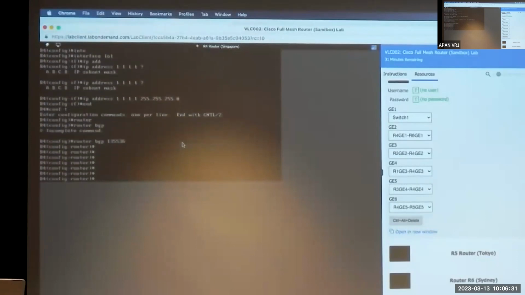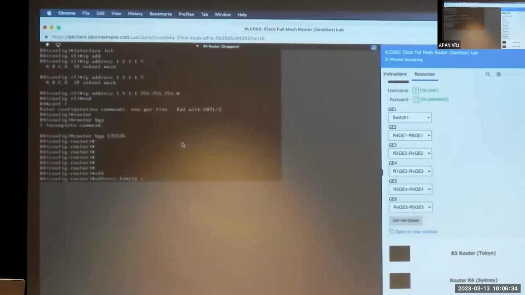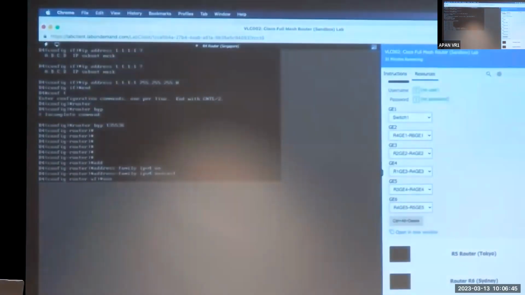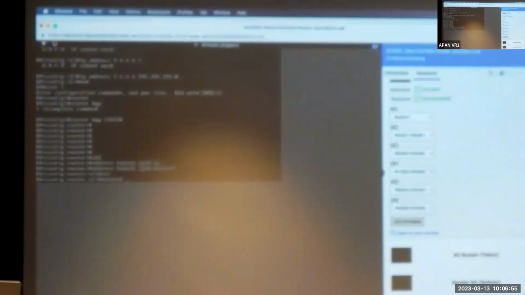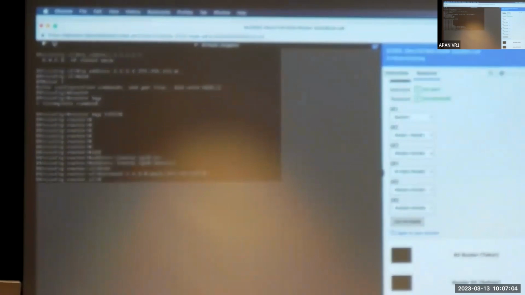Okay, so address family IPv4 unicast. What I'm doing is basically 1.1.1.0 mask 255.255.255.0, right?